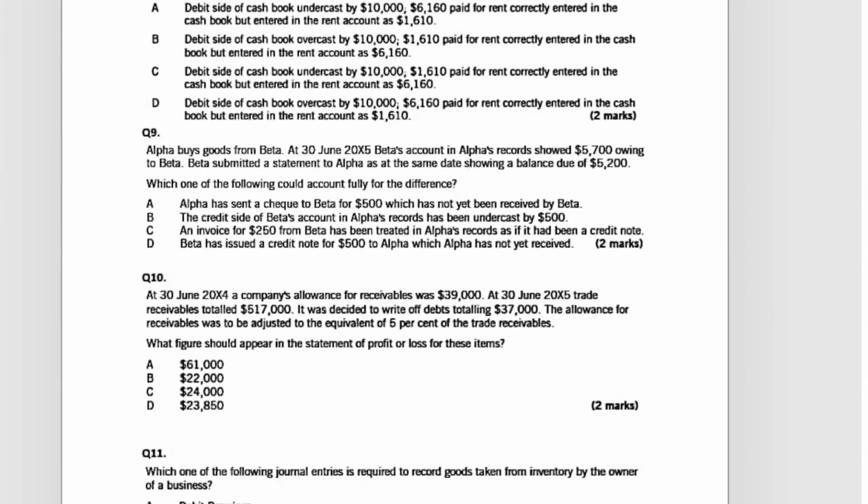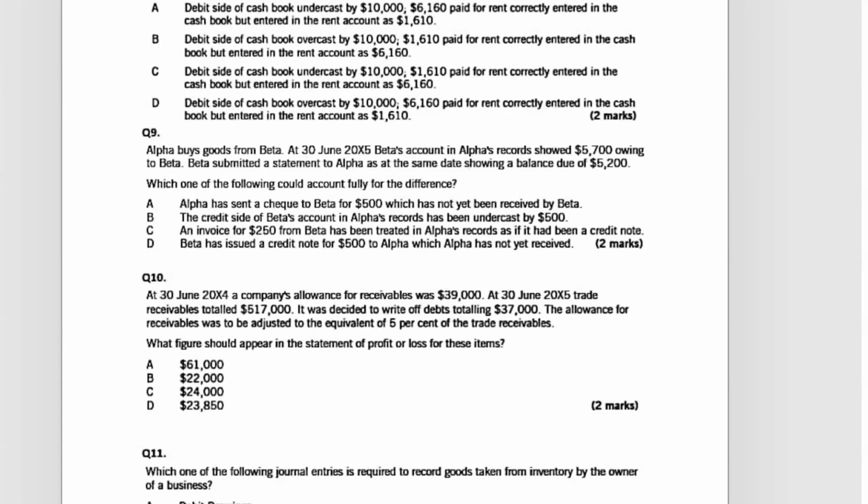First, the question says Alpha buys some goods from this Beta friend. At 30 June 2015, Beta's account in Alpha's records showed only 5,700 owing.